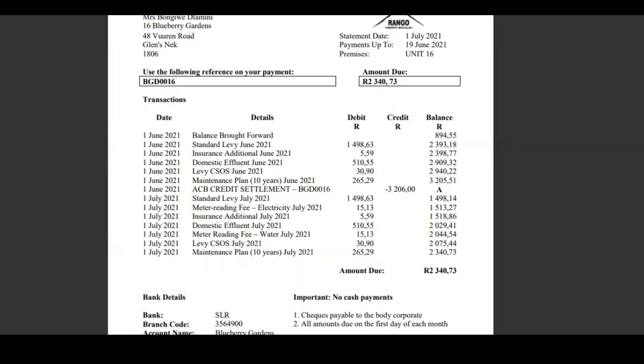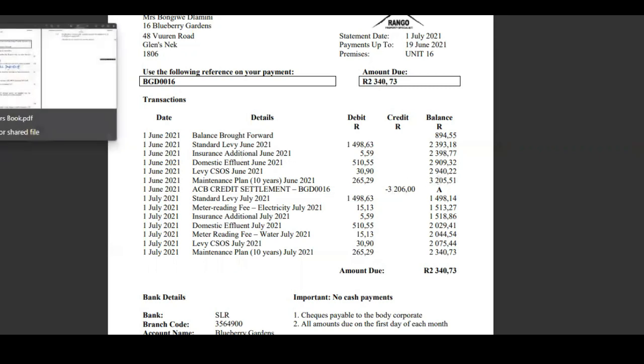We have to remain with a negative number there. So it's 3205,1 minus 320, and the answer became.